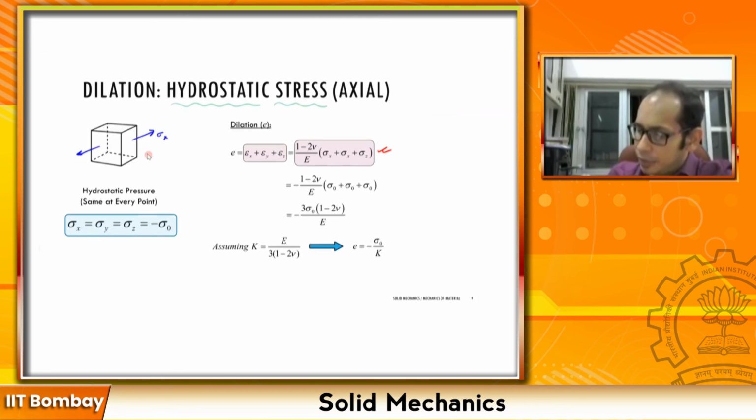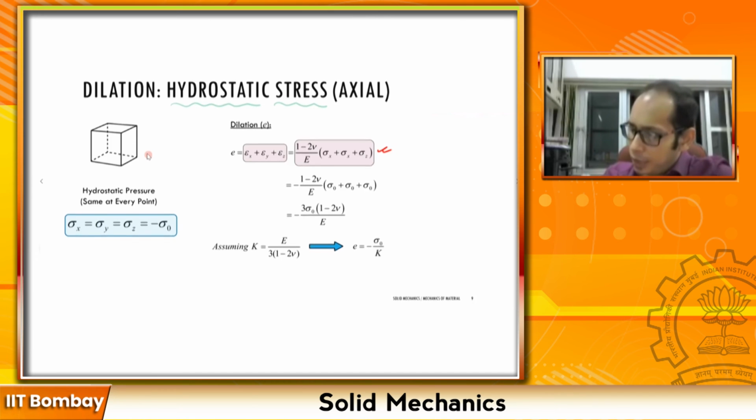That you have sigma x equals to, sorry, since it's hydrostatic, the arrows will be in the other direction, because it's a compression, right? Once you keep a body underwater, it is going to be under compression. So let me erase this one, right?